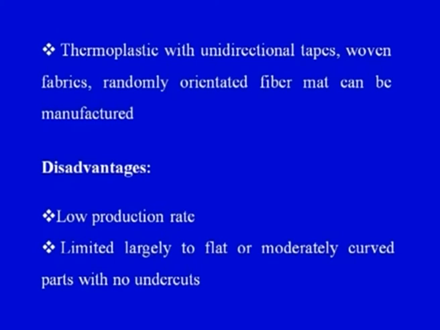It is limited largely to flat or moderately curved parts with no undercuts. Parts with undercuts are a limitation in compression molding, but certainly this process can be used for making parts which are flat or have fairly curved geometries. So these are some disadvantages related to compression molding.